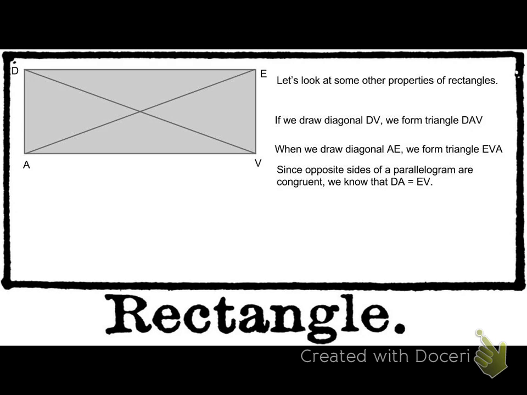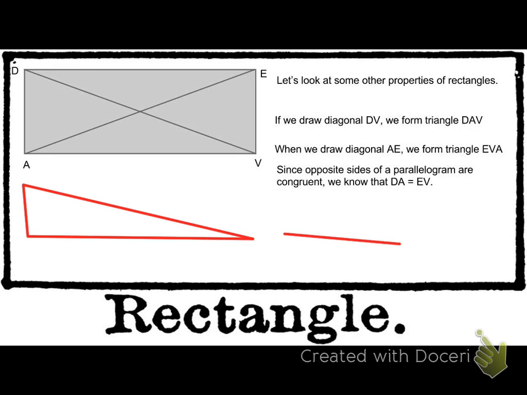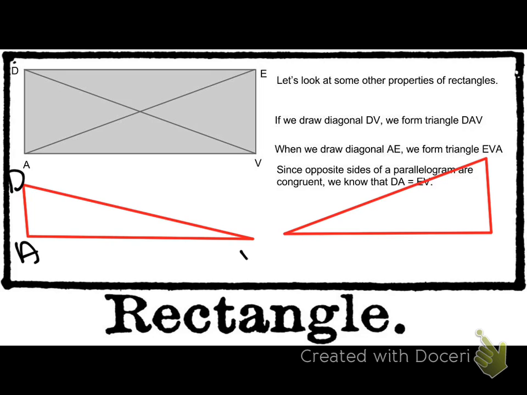Remember, we're dealing with triangle DAV, EVA. So you told me that DA is congruent to EV.